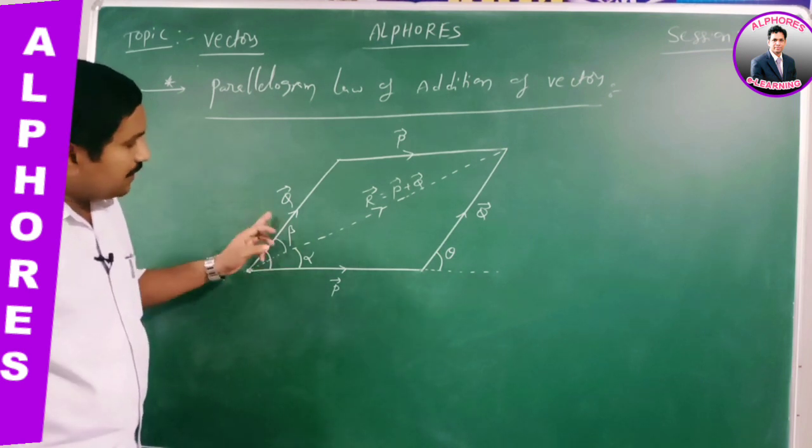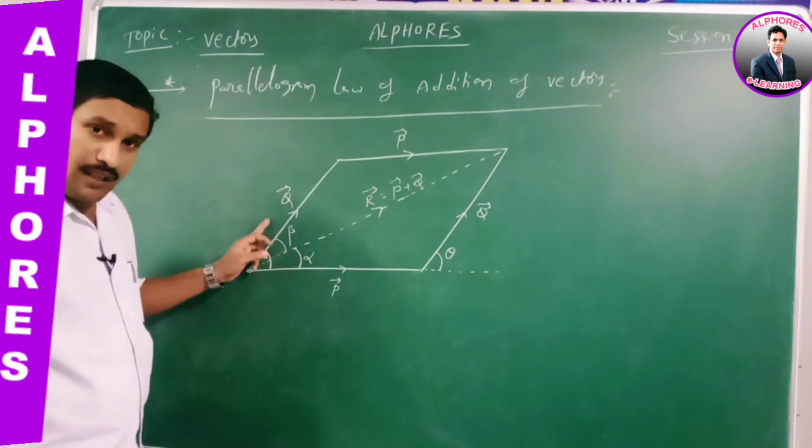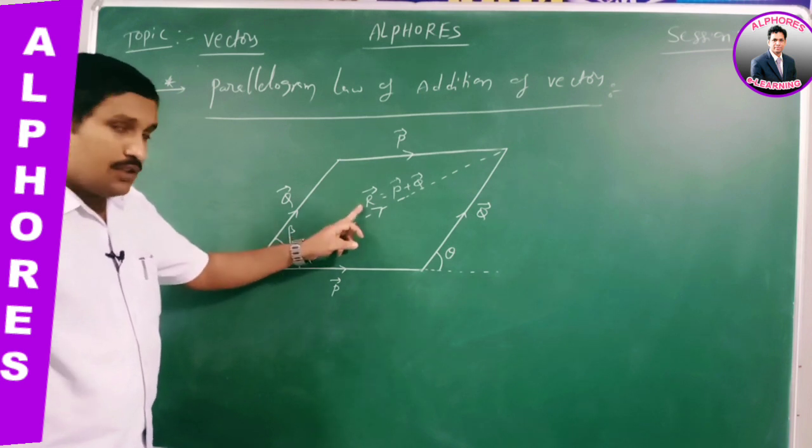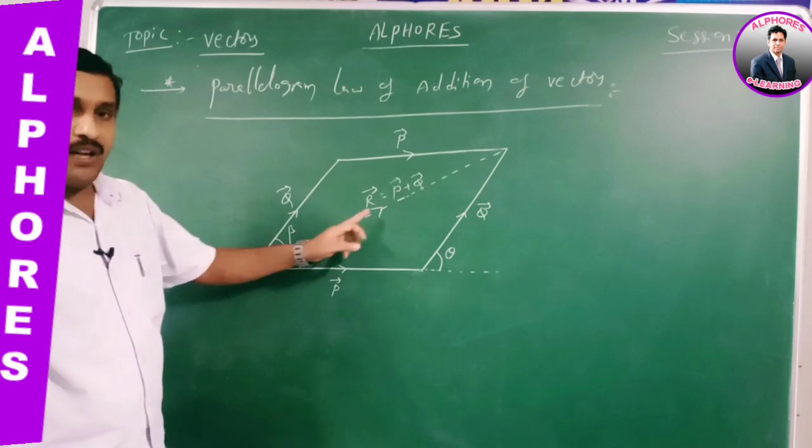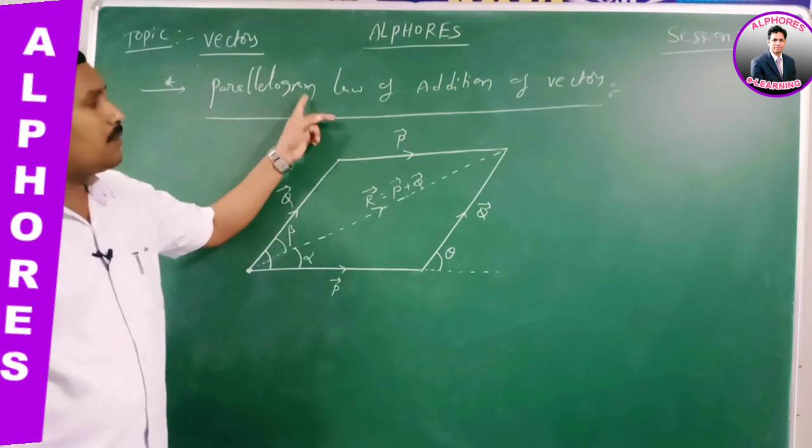Now what about the resultant of these vectors? The resultant of these two vectors has magnitude as well as direction, and is drawn from the same point. This is nothing but the statement of parallelogram law of addition of vectors.